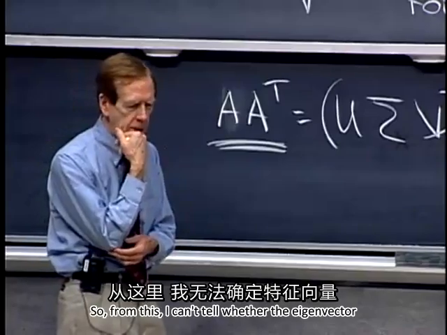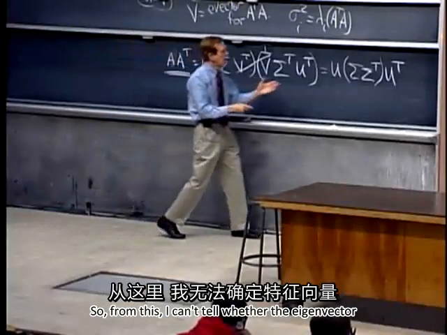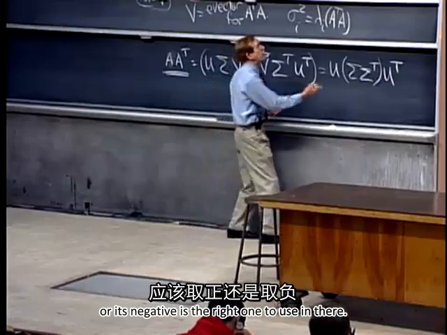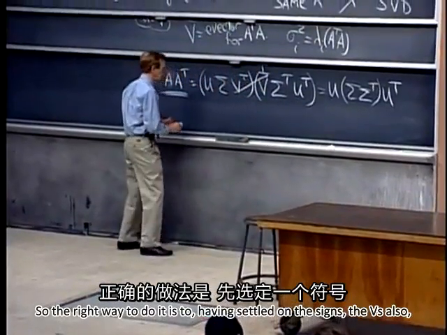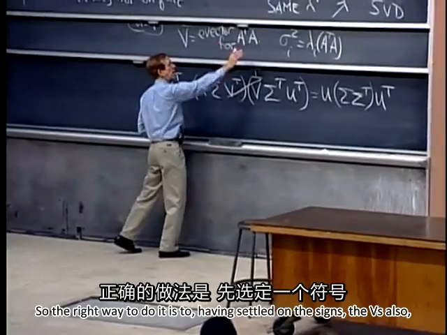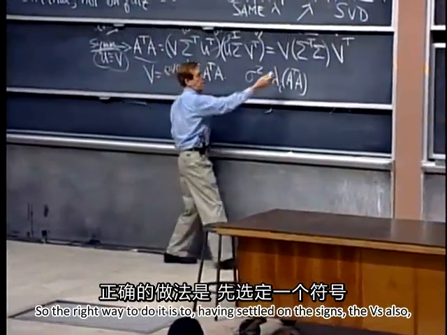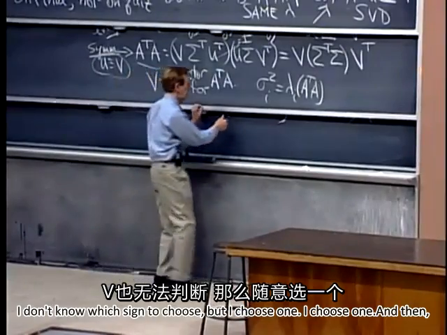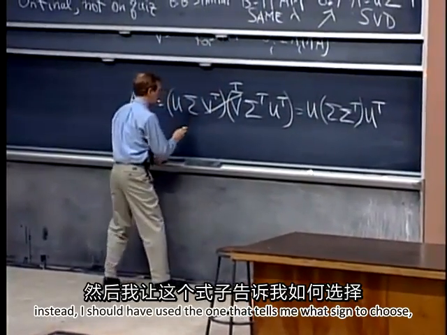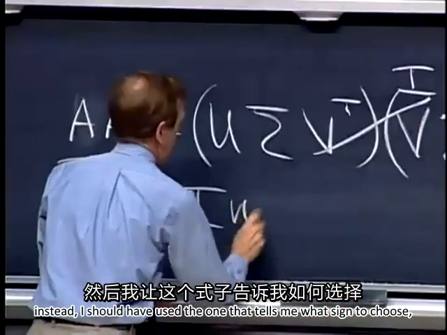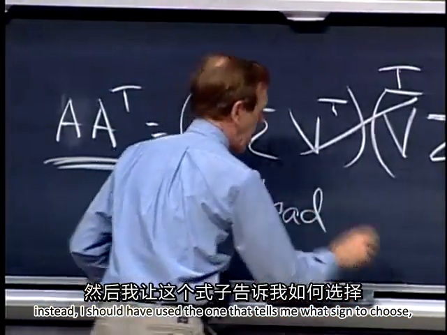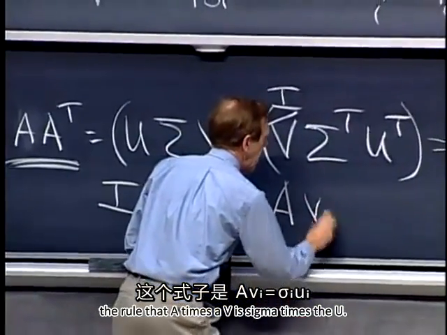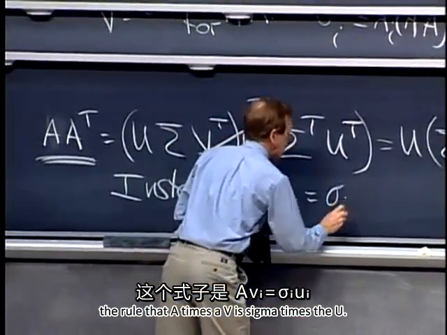From this, I can't tell whether the eigenvector or its negative is the right one to use. So the right way to do it is, having settled on the signs for V, I don't know which sign to choose, but I choose one. And then I should have used the rule that tells me what sign to choose: A times V is sigma times U.